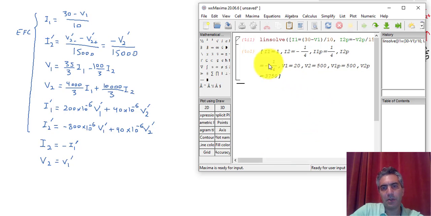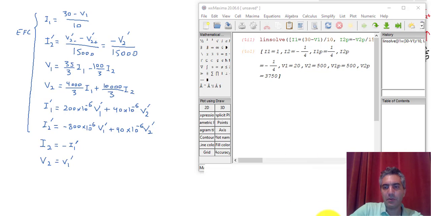So we have all the values. I1 is 1, I2 is minus 0.25, and so on and so forth. So all the results look quite reasonable. So with this, I'm going to conclude. Hopefully this has been helpful. Thank you for your attention.